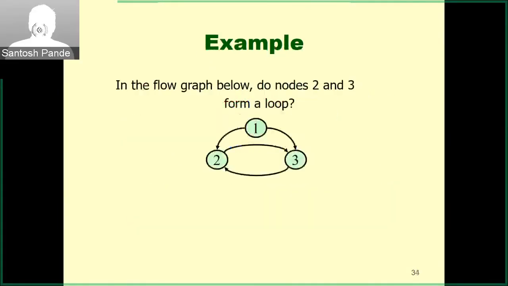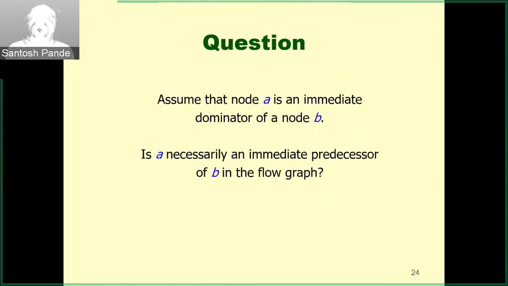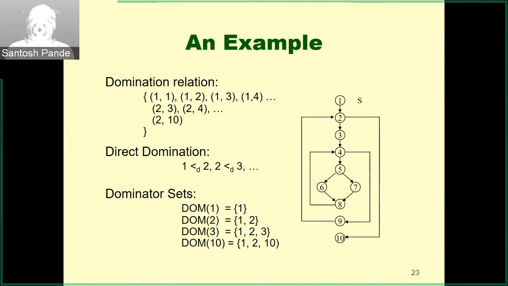And then we'll go back to, okay, we don't have an example here, but we can easily see in the previous graph itself, from the top level, I think I had already mentioned this, that the loop here is from going from 2 to 3, 3 to 4. All these nodes are dominated by 2.